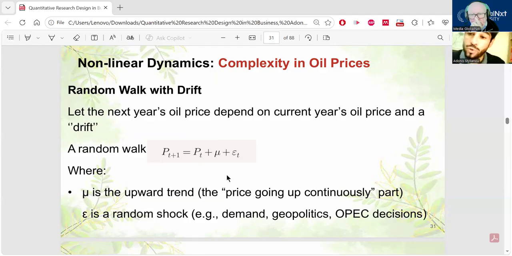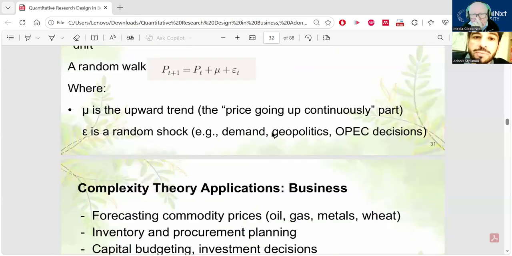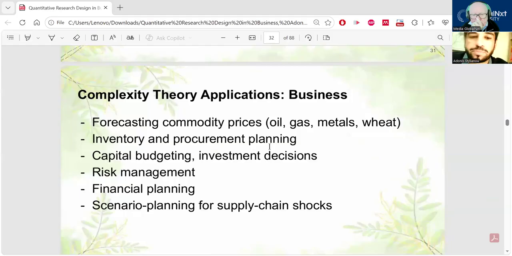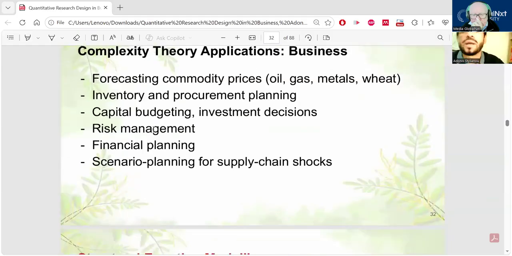So this is a proof that the applicability of the model has something to say, and therefore we need to understand whether we can use this model as stage one of the estimation process and then proceed with a better model specification going forward. You can see here other applications. Risk management and financial planning in particular are very well-known applications of the random walk with a drift.